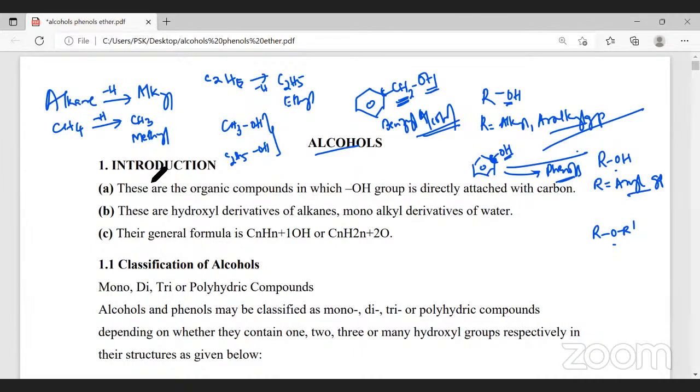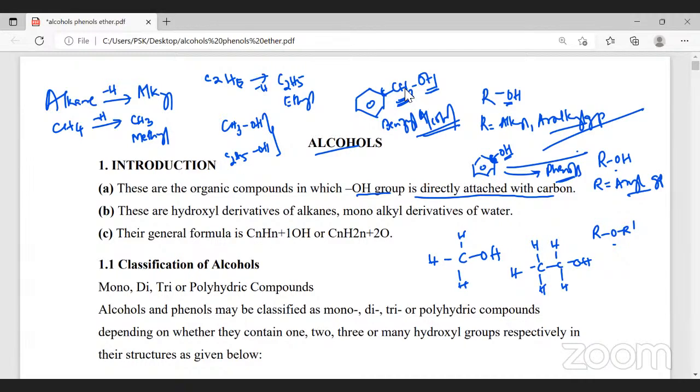Now, introduction to alcohols. These are organic compounds in which the OH group is directly attached to carbon. In the case of methanol, CH3OH, the OH group is directly bonded to carbon. If we write ethanol, it is C2H5OH, and again OH is directly bonded to a carbon atom.